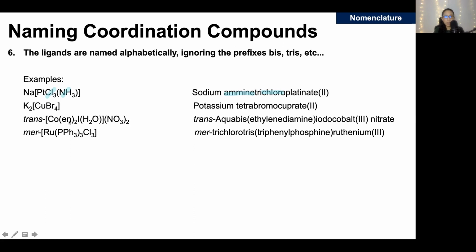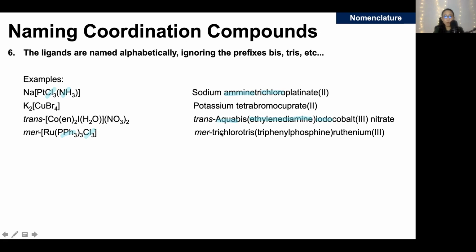Here, you have 3 ligands: ethylene diamine, iodo, and water. So the first ligand to appear in the name should be aqua for water, followed by ethylene diamine, again disregarding bis, and then last is iodo. Here we have two ligands, triphenylphosphine and chloro.